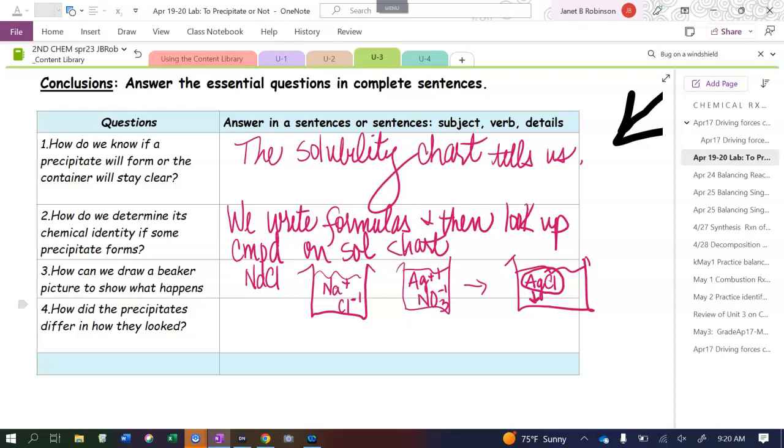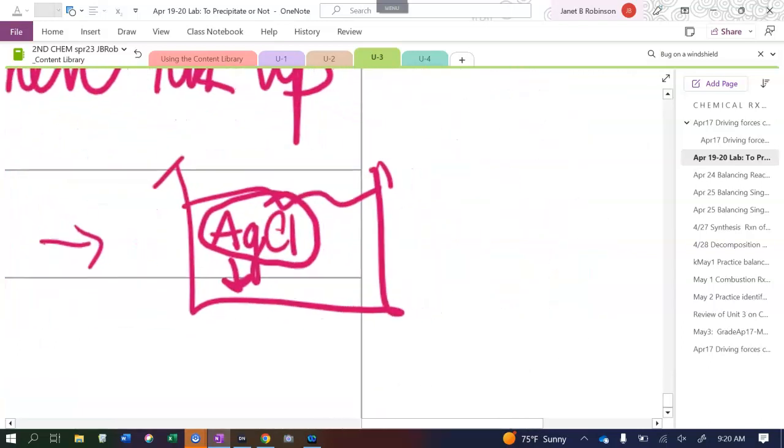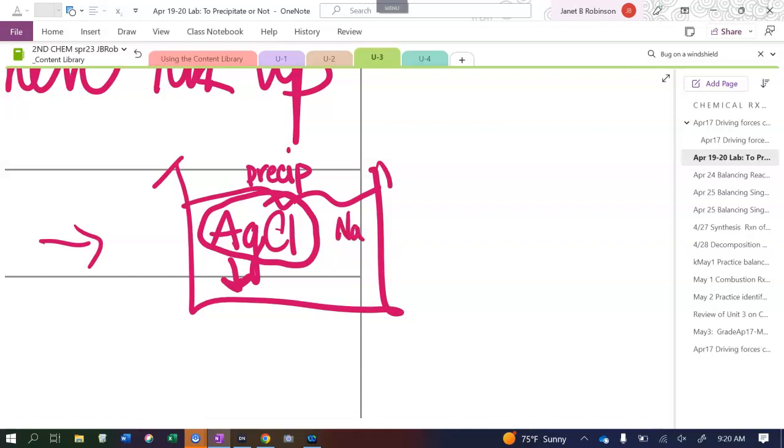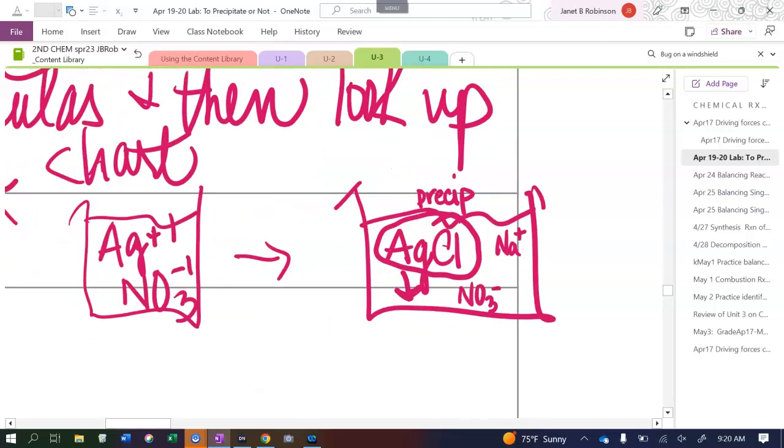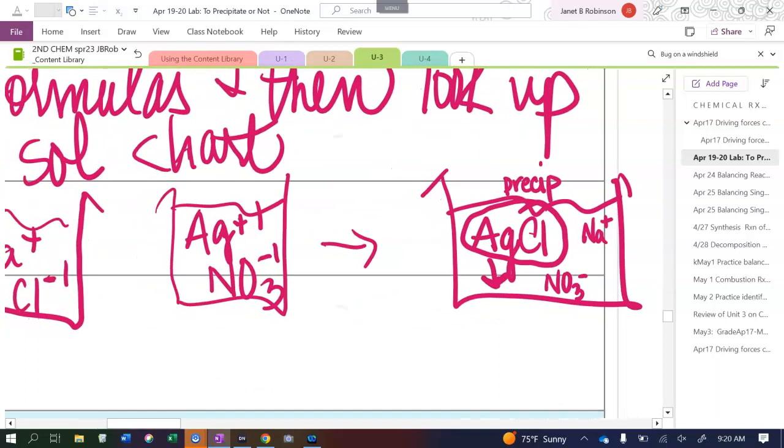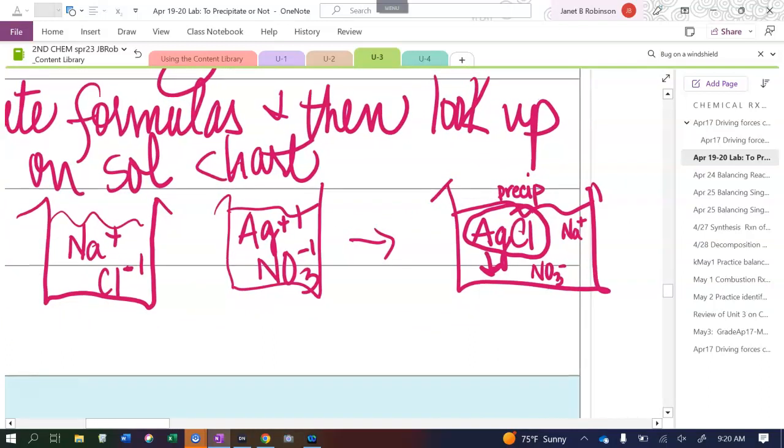And that's what we're going to see. That is our precipitate. All right. And then the other ones, we had sodium in there, right? Sodium and the nitrate ions just stay in solution because they don't stay together. They just keep on ionizing.